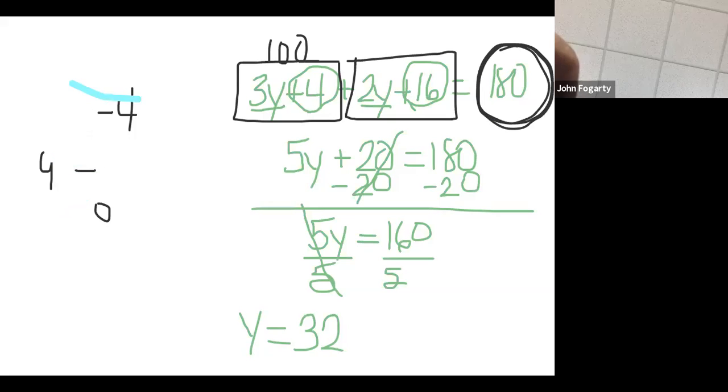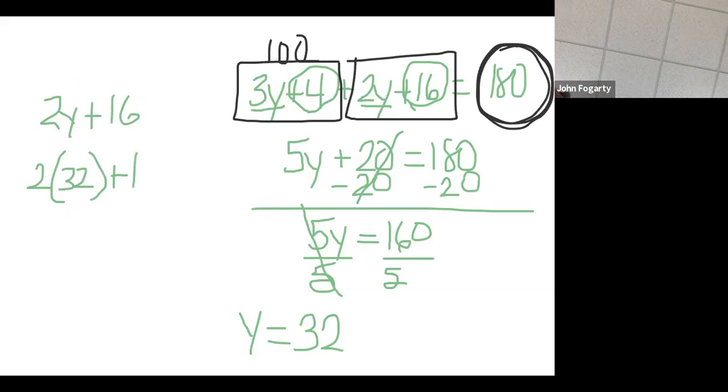Let's substitute 32 into 2y plus 16. So I got 2 times 32 plus 16. 2 times 32 is 64, plus 16 is 80. Very good. So 100 plus 80 equals 180. Fellas, does that make sense to you guys?